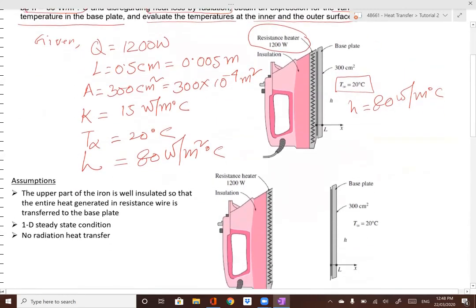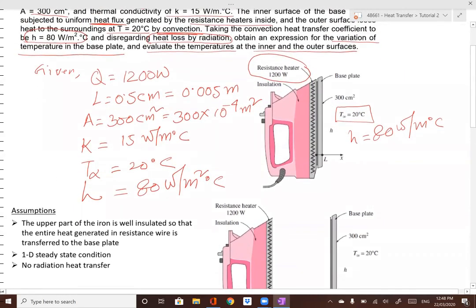The main important assumption here is that there is insulation on the top of the iron. The upper part of the iron is well insulated, so the heat generated in the resistance wire will pass only through the base plate, only in this way.